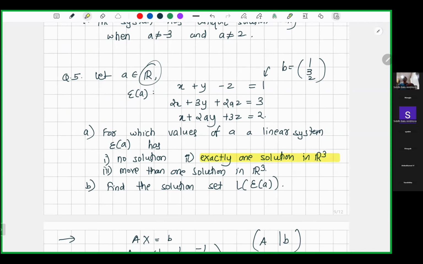Now there are two cases left, A is equal to 3 by 2 and A is equal to 1. One of them will give us no solution and the other will give us more than one solution in R3. That's my guess so far.